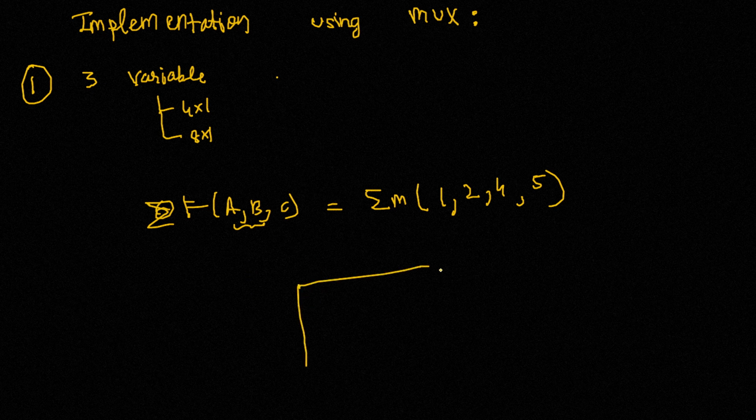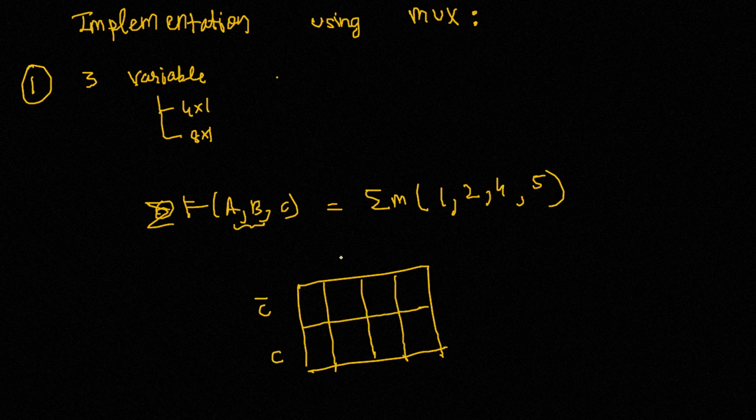So the first step that we need to do is we need to take a K-map. Here you have C dash and C, A dash B dash, A dash B, A B, and A B dash. So this is 1.